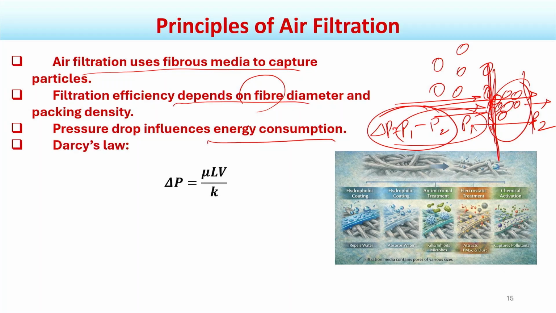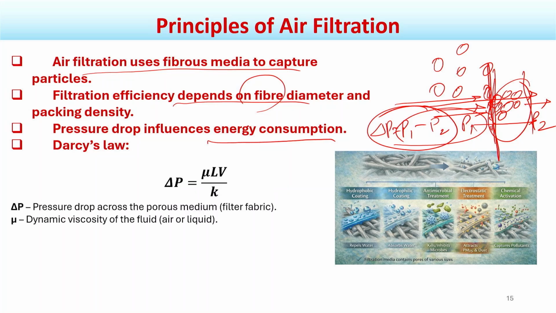Now, if you see Darcy's law, the pressure difference is expressed in terms of mu, L, V and K. Mu is the dynamic viscosity of the fluid, maybe air or liquid.